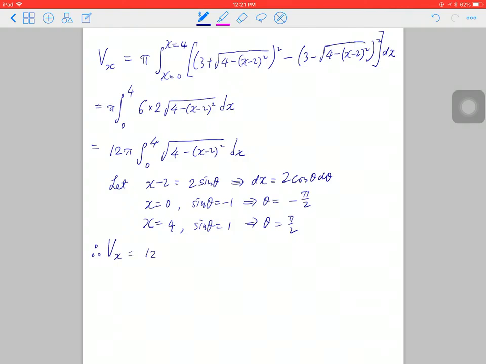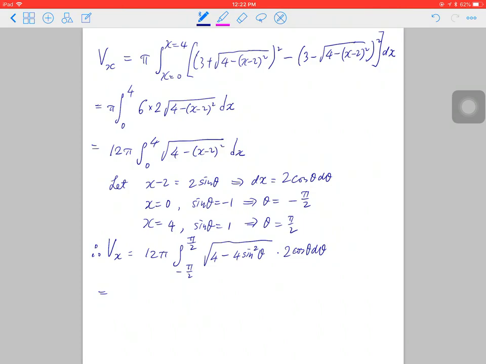So the volume can be converted into 12 pi, and then integrate from theta equals negative pi over 2 to pi over 2. And then inside the integrand is the square root of 4 minus 4 sine squared theta. And then dx will be 2 cosine theta d theta.